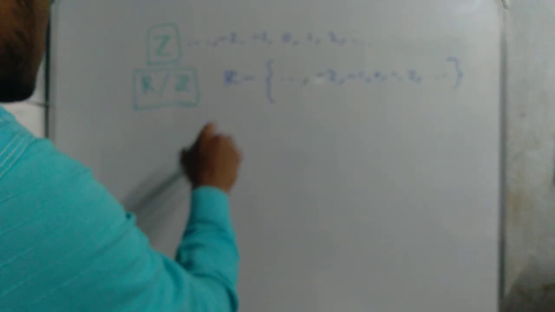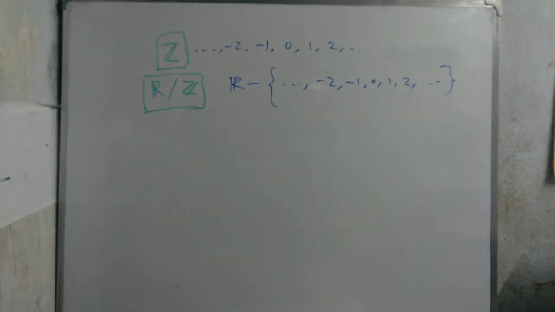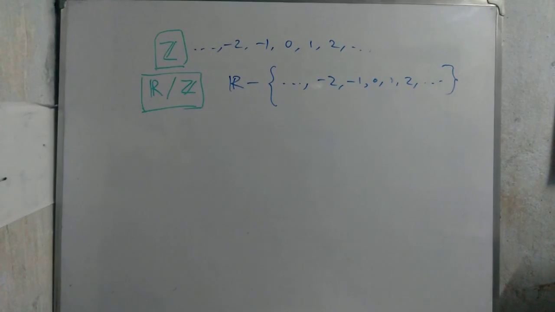R difference Z is obviously one dense set in R, because we take any point from it and some neighborhood, and then this intersection is obviously non-empty. So R difference Z is dense in R.